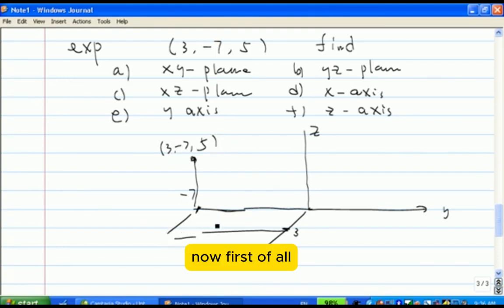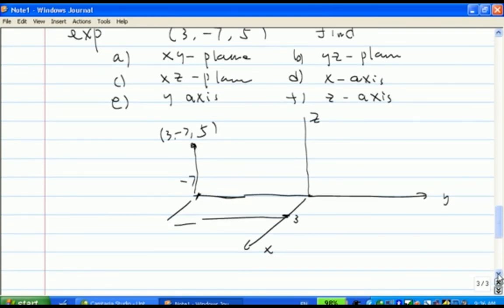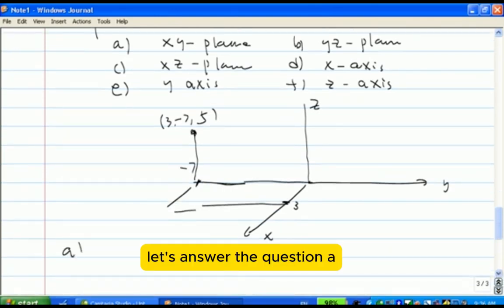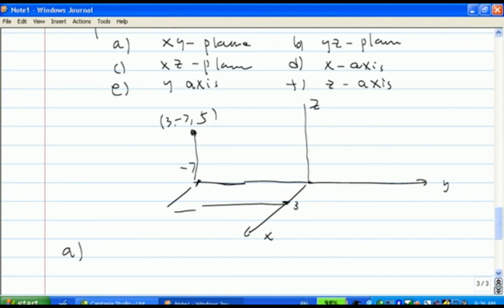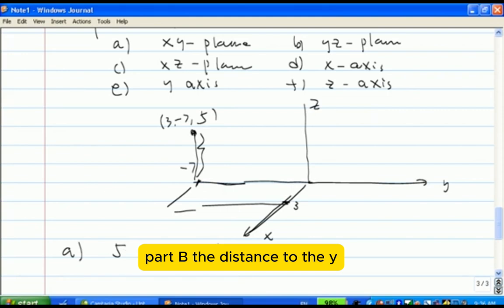Now, let's answer question A. The distance from this point to the xy plane. This is the point, and here is the xy plane. Obviously, the distance is 5, right? That's the easy part. B, the distance to the yz plane. What is the yz plane?